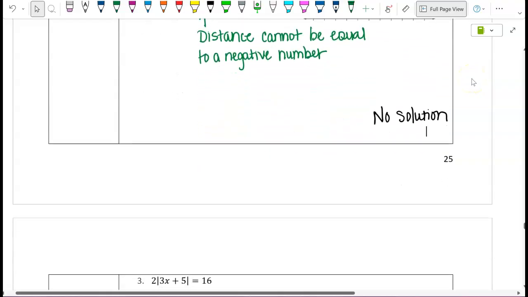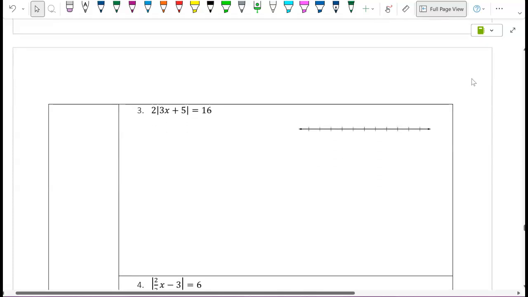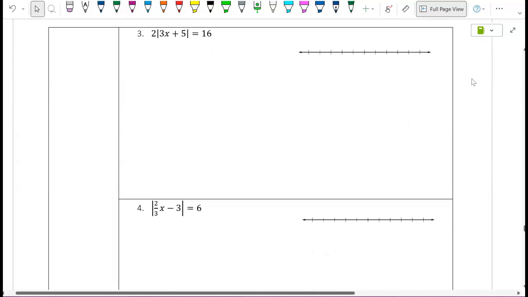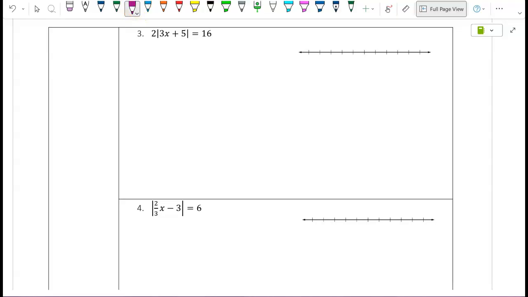All right, problem number 3 on the next page. Now, before I can solve an absolute value, the absolute value needs to be the only thing on that side of the equal sign.